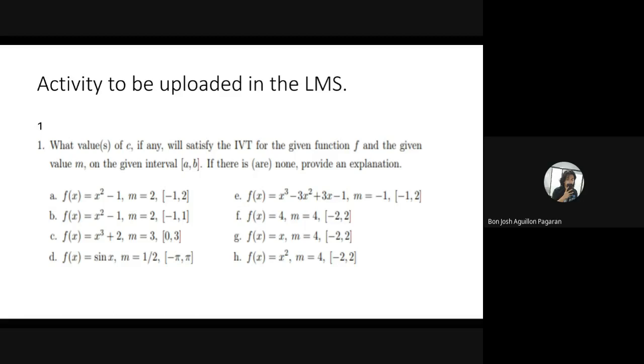Paano explanation? Maaring yung A at saka yung B niya ay wala sa domain ng function. In case wala kayong mahanap na c that will satisfy IVT, the explanation there is that c is not in the domain of the given function.